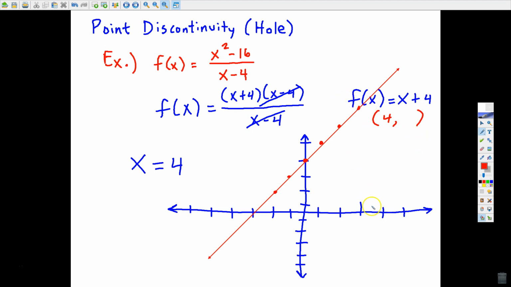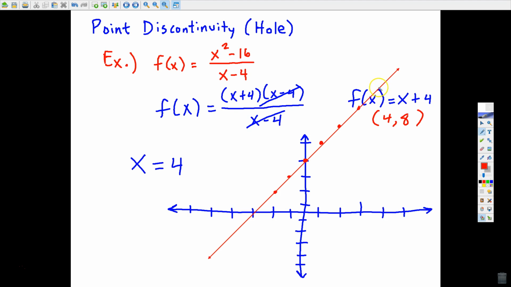What is f of 4 over here? So, in other words, if 4 can't be used as an input, the point (4, 8) really doesn't even exist on this line. Because 4 is not allowed. Well, if the point (4, 8) doesn't exist, right now I'm showing that it does, because I'm going right through it. 1, 2, 3, 4, and I'm going to say (4, 8) is right there.